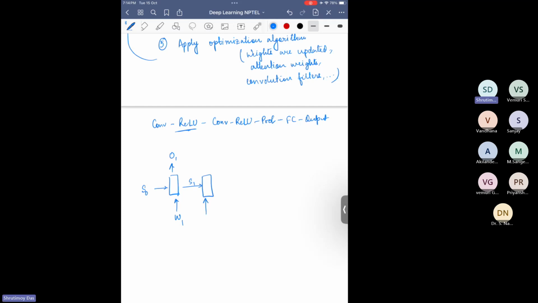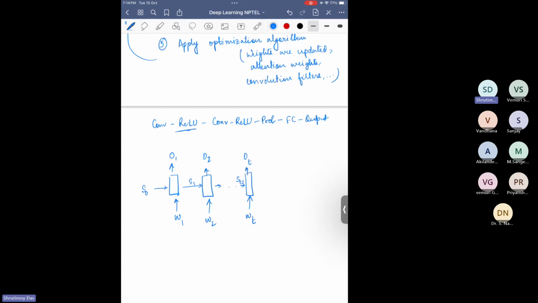You have some word, say O1 here. Suppose I'm predicting the next sequence, and so on. This is two, and say at time step t, I have WT, and it will output some OT.